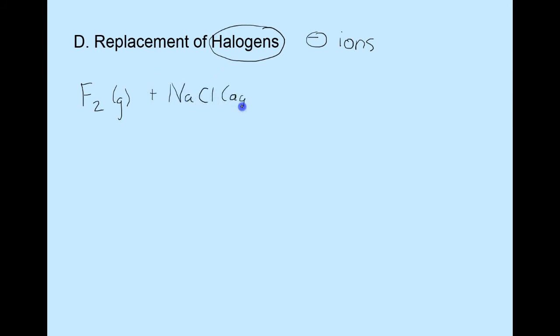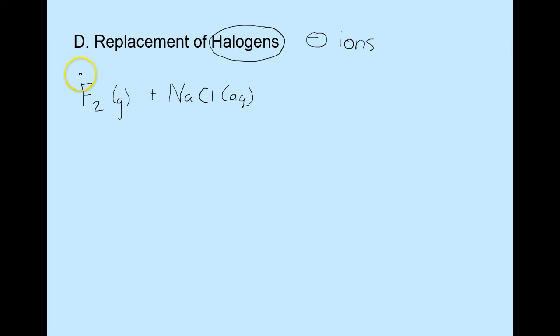Replacement of halogens. Halogens, these are our negative ions. So thus far, the first 3 have to deal with positive ions. This one deals with the negative. Let's say that we have fluorine. Fluorine's correct formula is F2. It's a gas. It's going to react with sodium chloride, which will be our aqueous solution.